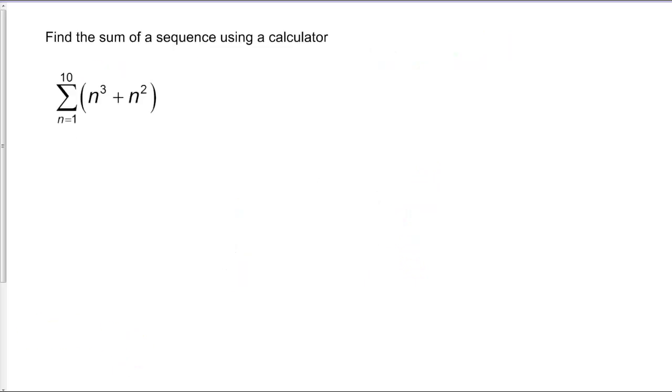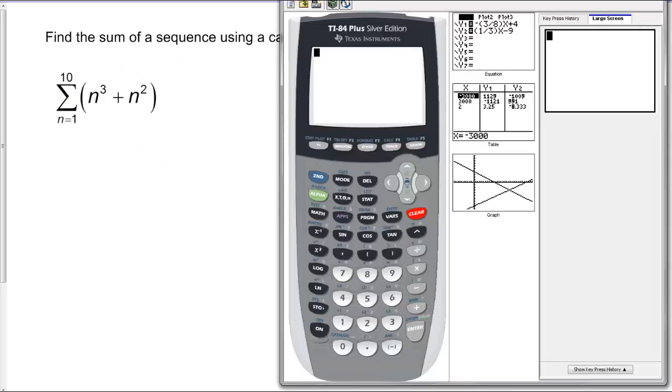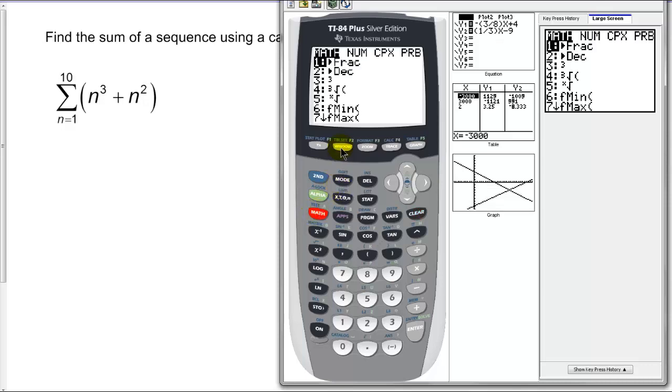Now we're going to use a calculator to find the sum of the sequence. So here we go. What I first want to do is find the summation on the calculator. If I hit math and I move to the number, I believe it's 10 in this case, notice I get summation or sigma.